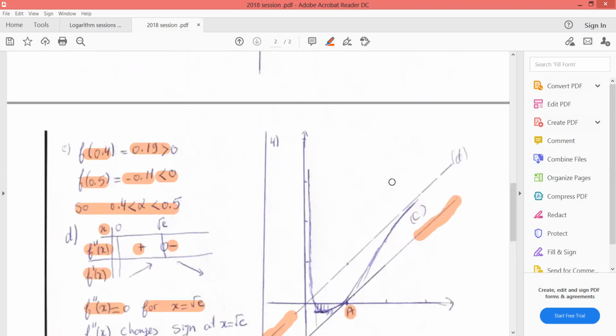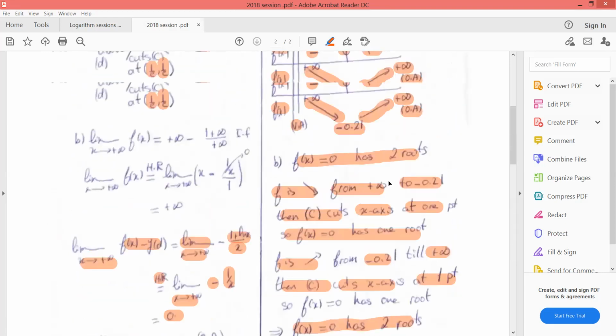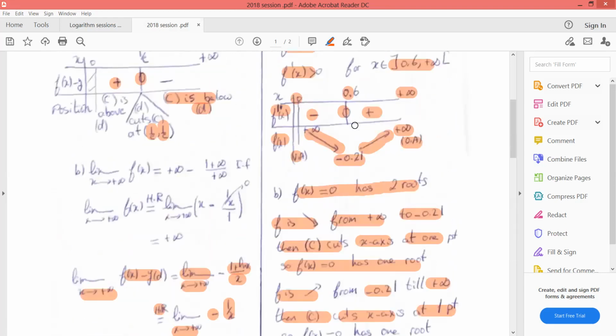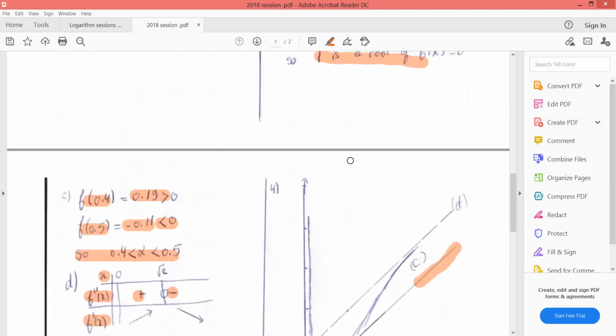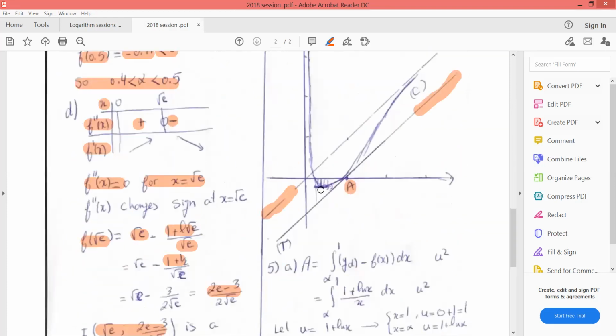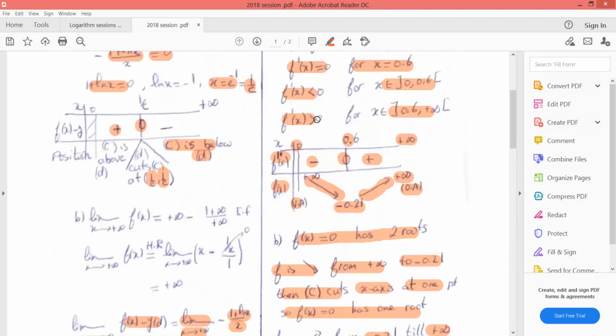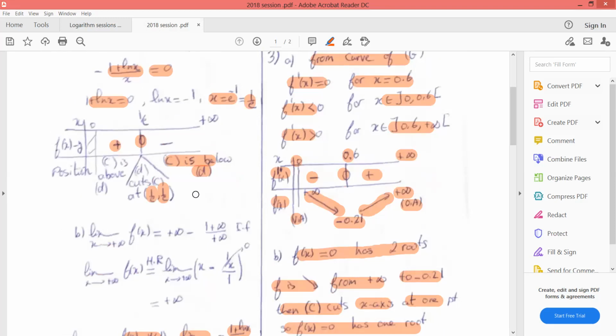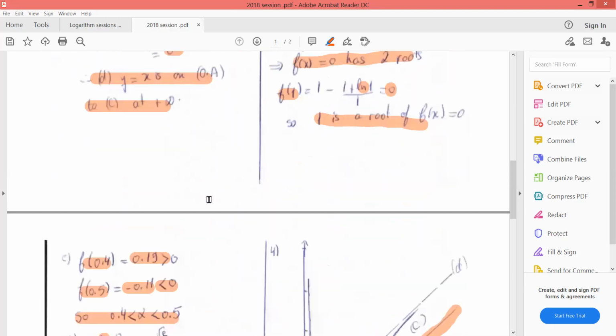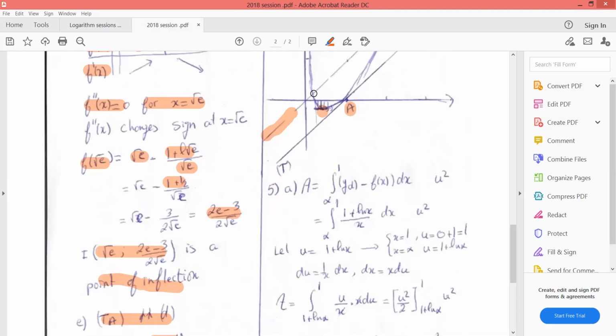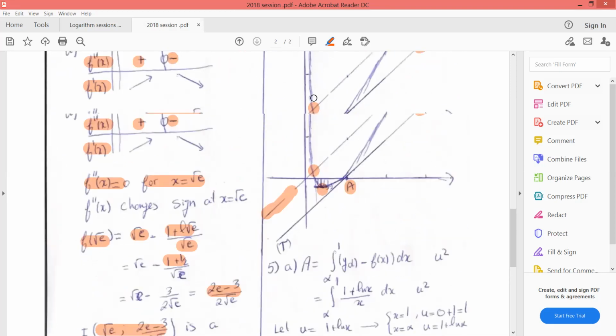I put the minimum point here: the minimum is 0.6, minus 0.21, in this place. According to the table of variations, the point of intersection of the curve and the oblique asymptote is at 1 over e, which is 0.36, here.